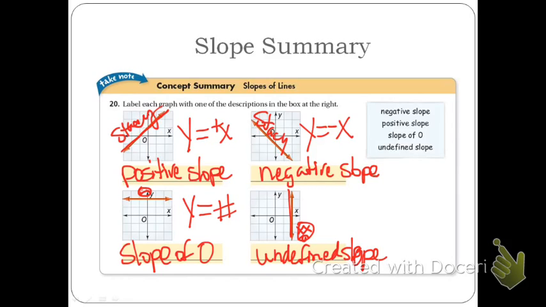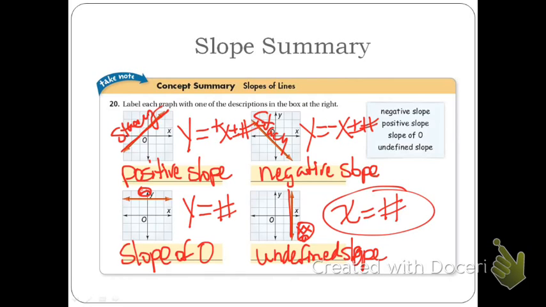Where in these other two, you might have plus or minus some number. In the undefined slope, you won't have a y value at all. It'll just say x is equal to some number. So if you see an equation with no y's and just an x, you know you're talking about a vertical line or a line with no slope. Where if you have just a y and no x's, that's that slope of 0.